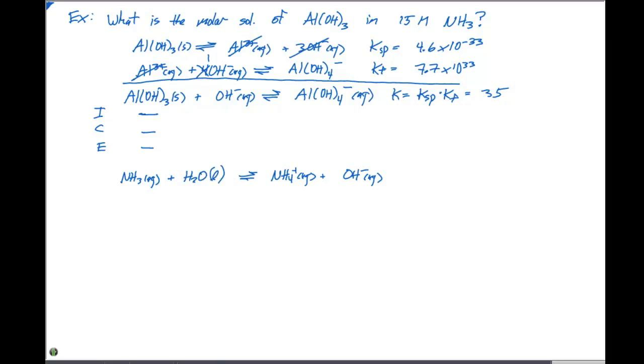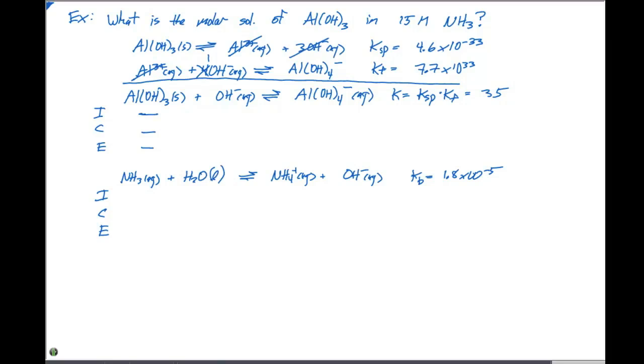And the Kb for this particular expression is 1.8 times 10 to the minus 5. And that can be looked up in a Kb table. So in order to figure out the initial concentration of the hydroxide ions, we have to set up an ICE table and perform an extra step for this particular reaction.